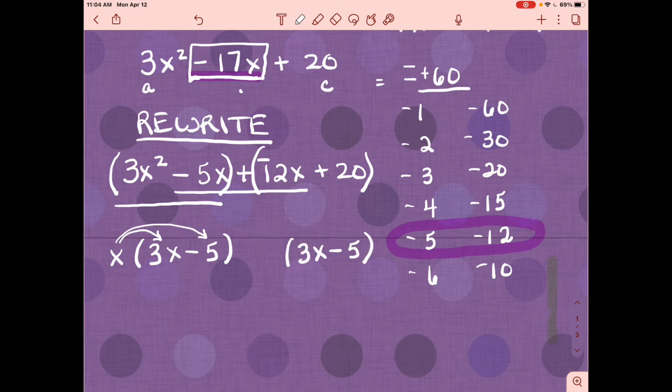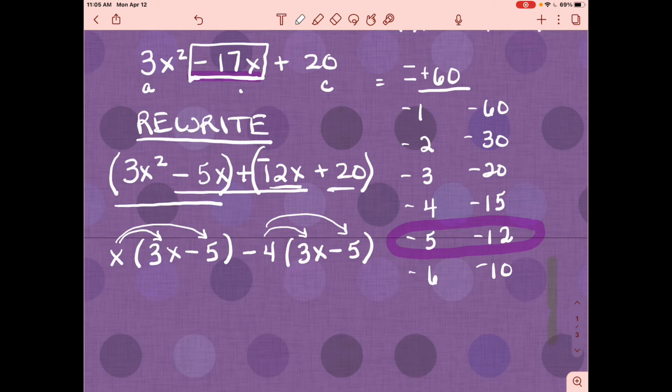And so what could I take out of there that would not only leave behind the 3 and the 5, but also leave behind a negative? I can factor out a negative 4, minus 4. Now watch what happens. Negative 4 times 3x gives me negative 12x, and negative 4 times negative 5 gives me positive 20. So I'm doing great.